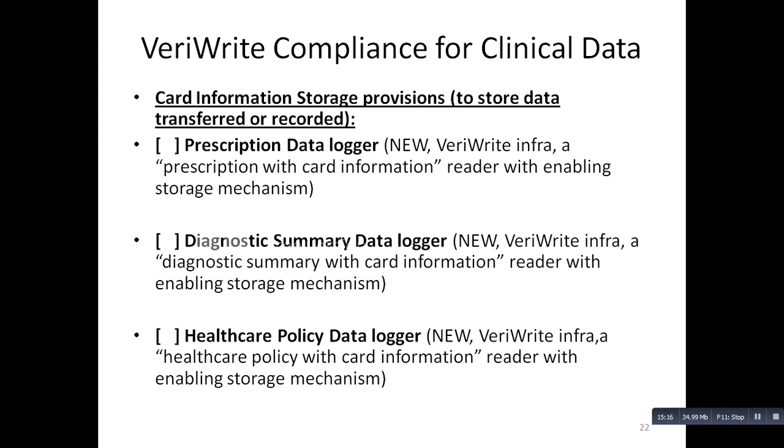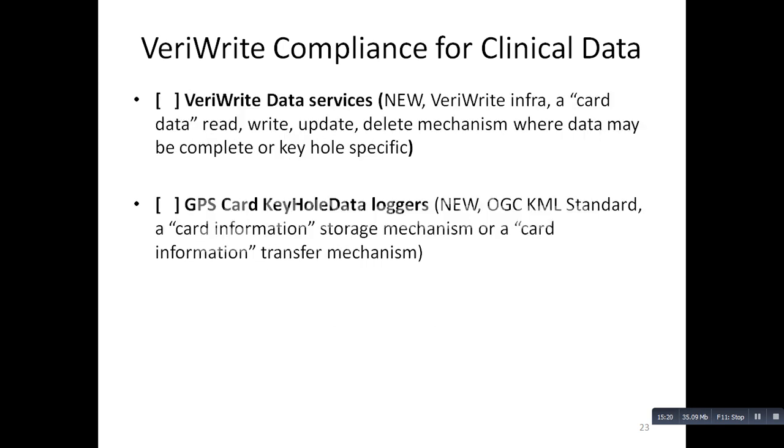We also have the VeriWrite email, which would permit information transfer. If the file or information is not controlled by the VeriWrite infra during the transfer, then a service needs to look for this data arriving in a particular folder and then store it in the database.